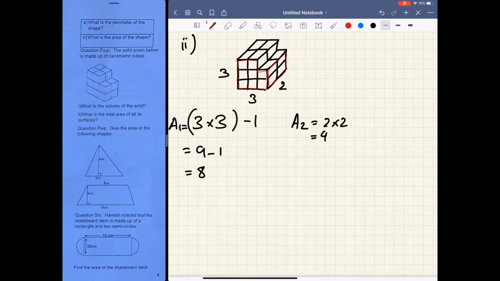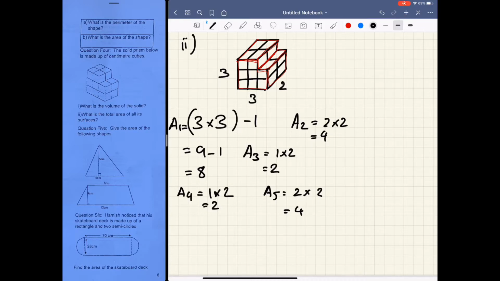And area 3 is here. Area 3 equals 1 times 2, which is 2. Area 4, which shall be here, right? That is 1 times 2 again. And this area here, area 5, is 2 times 2, which equals 4.